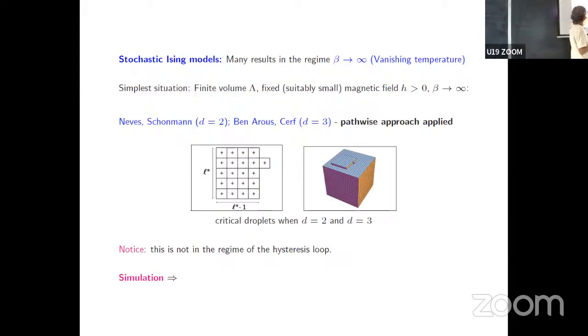There is a critical size, which depends on the H. H is fixed, and you know that this is the barrier you have to cross, and in that way you can compute the times and everything. And in dimension 3, it's also known, and this was Bellissard and Ceph. And the pathwise approach works here.